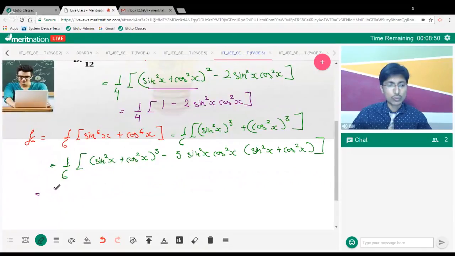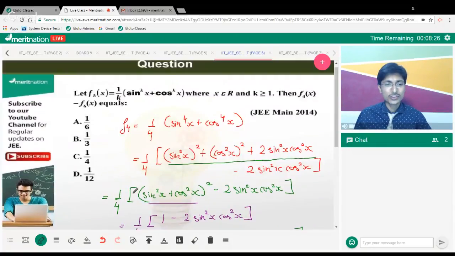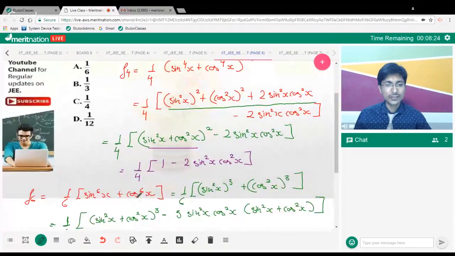So this will be 1 by 6, sine square x plus cos square x is 1. So I'll have 1 minus 3 sine square x cos square x, and sine square x plus cos square x again 1. So I've also calculated f6. Now what's asked in the question is f4 minus f6.